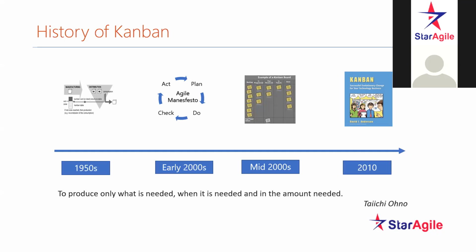Drum-buffer-rope is again a flow-based pull system, and that is where he started his concept. He wrote a book called Agile Management for Software Engineering using drum-buffer-rope. Then around 2004-2005, he got some feedback from Donald Reinertsen, and in 2007 he implemented a full-fledged Kanban board in a company called Corbis.